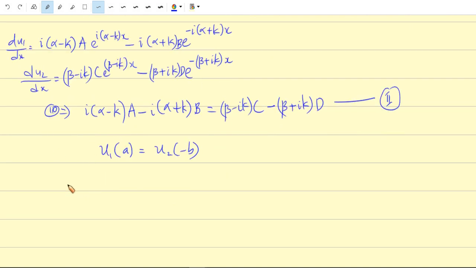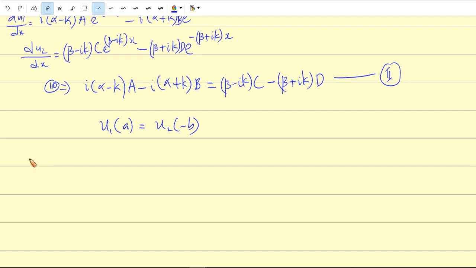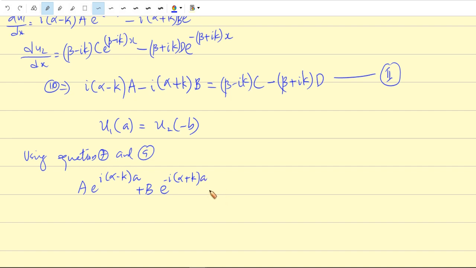Therefore, using equations 7 and 9, you can write u1 of a is A e raised to i(α − k)a plus B e raised to minus i(α + k)a is equal to u2 of minus b.